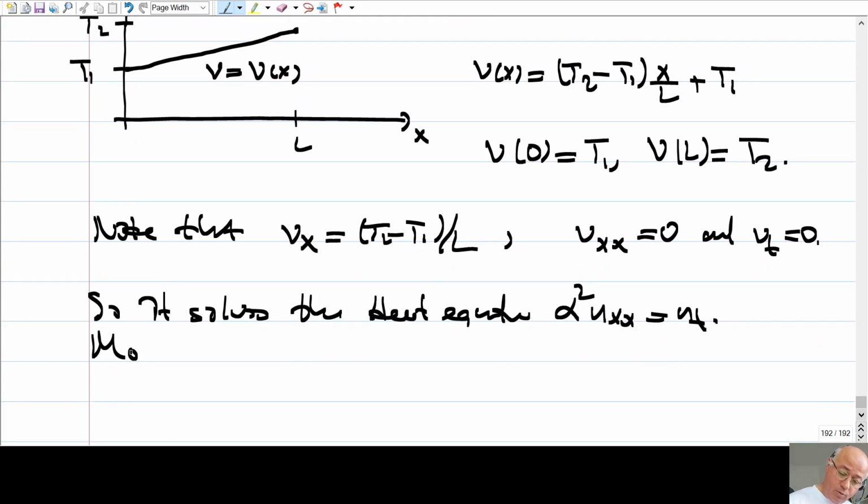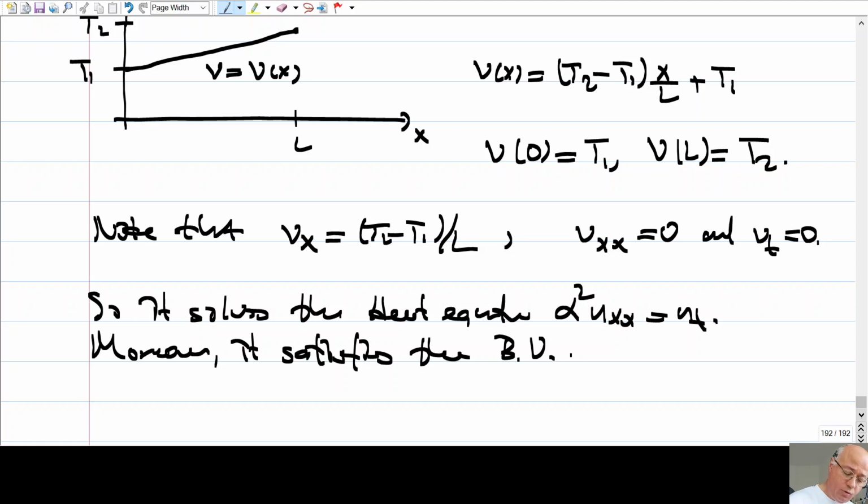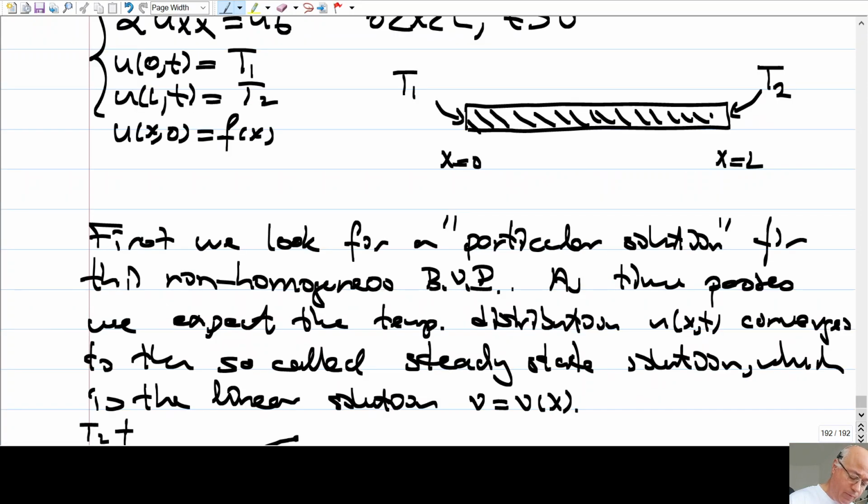Moreover, it satisfies the boundary values v(0) equals t1 and v(L) equals t2.